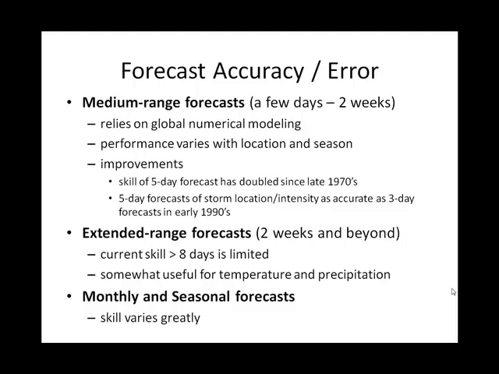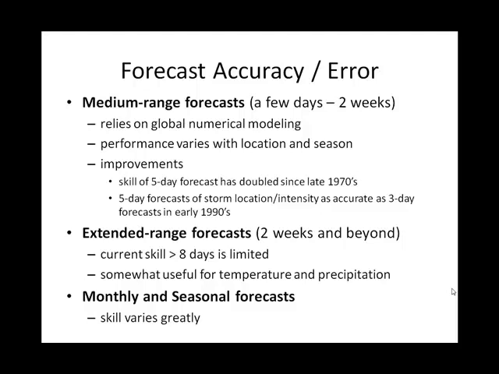Like the slide says, with medium-range forecasts, we definitely need to look at the conditions around the world, and generally we'll use numerical modeling. Extended range forecasts then are 2 weeks and beyond. And actually that pushes our skill.